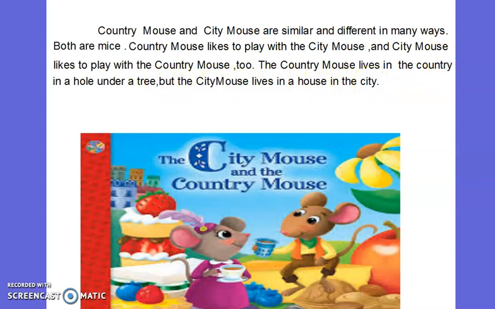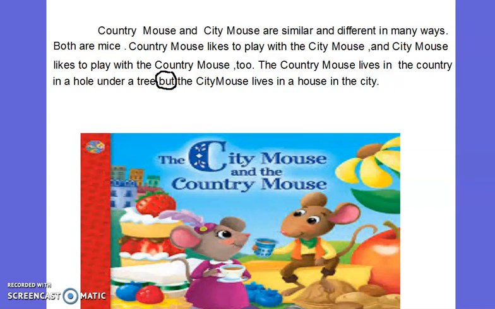So, here we use the word but because we write the differences between the country mouse and the city mouse. Everyone lives in a place. So we use the word but.